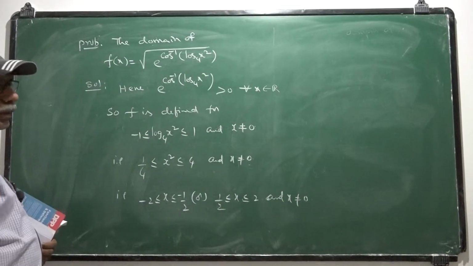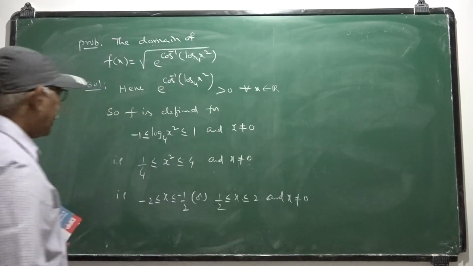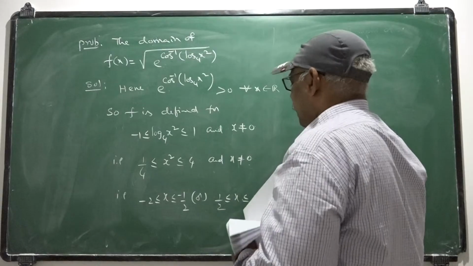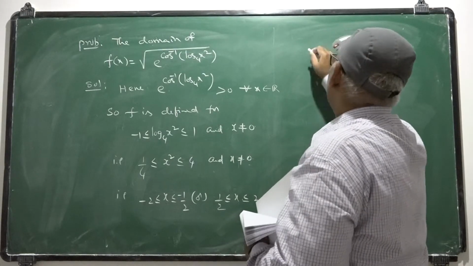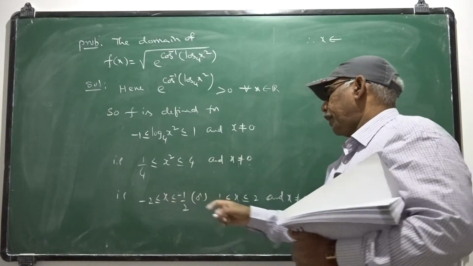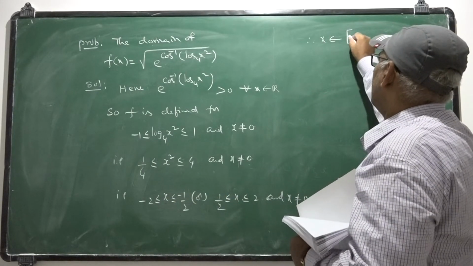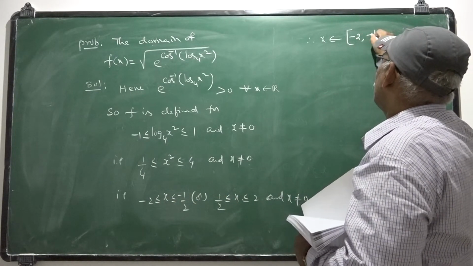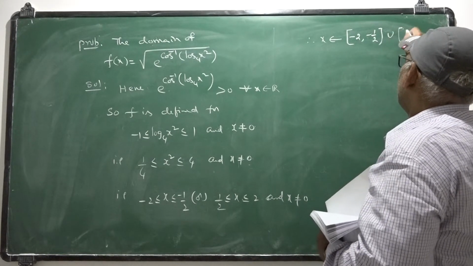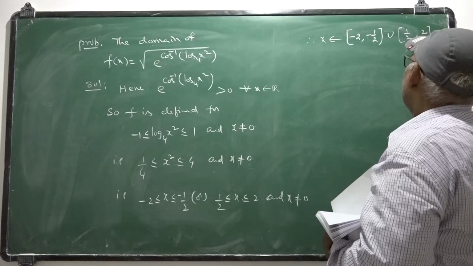So this is valid for x belonging to the closed interval minus 2 to minus 1 by 2, union the closed interval 1 by 2 to 2.